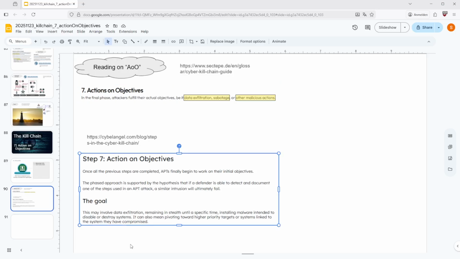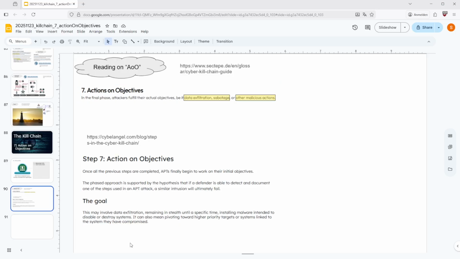Alright, let's read what Sybil Angel has to say. "Once all the previous steps are completed, advanced persistent threats finally begin to work on their initial objectives." And that's really good. Before the attacker engaged in this process of establishing all of these 7 or 6 steps, before even starting this, there was an initial objective in mind.